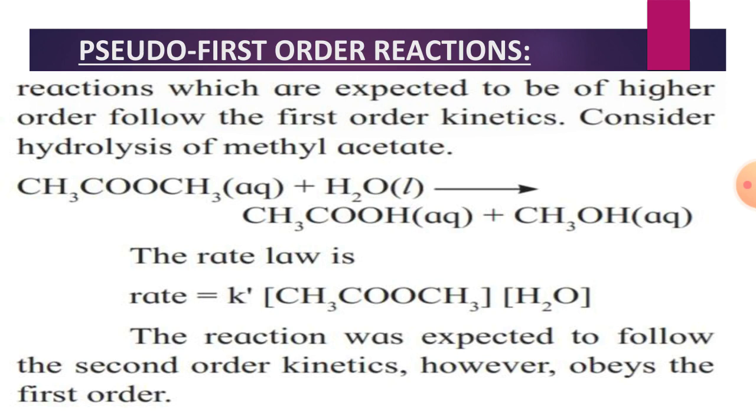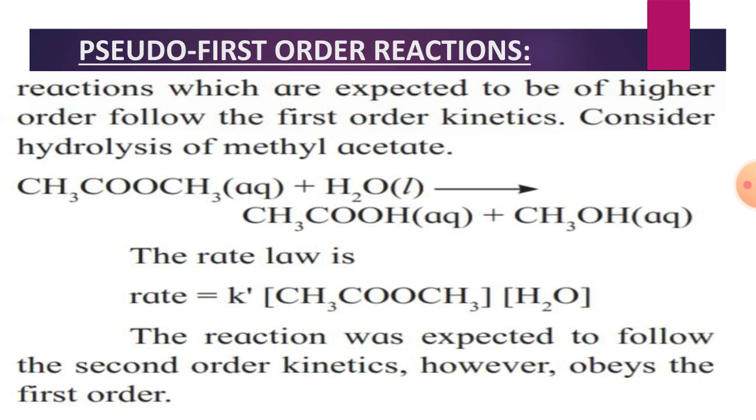Reactions which are expected to be of higher order, but they follow first order kinetics. There are various chemical reactions which are expected to be of higher order than the first order. So, the reactions which are expected to be of higher order follow the first order kinetics.